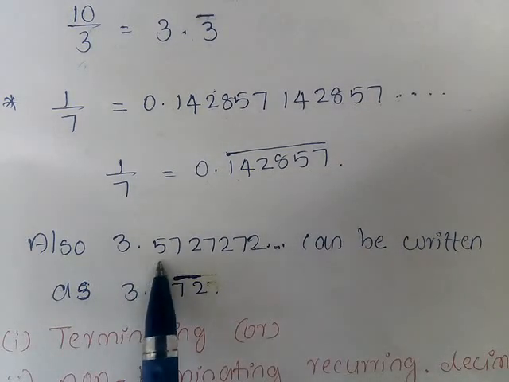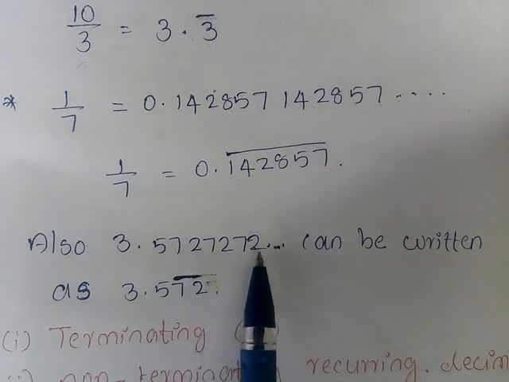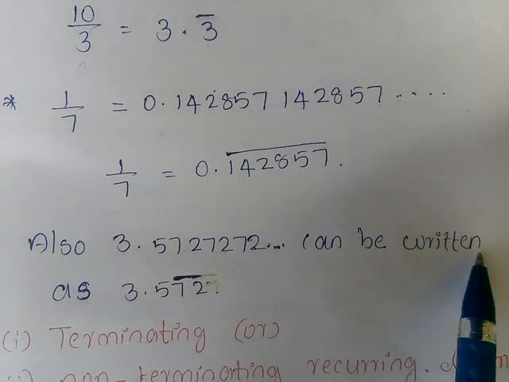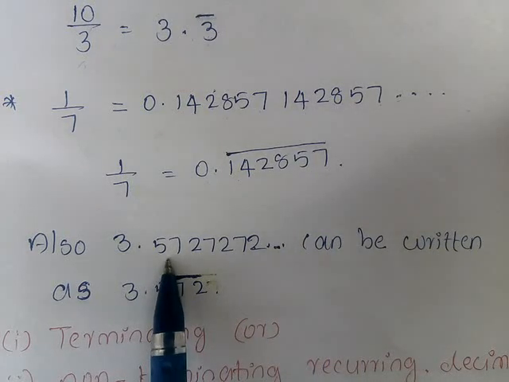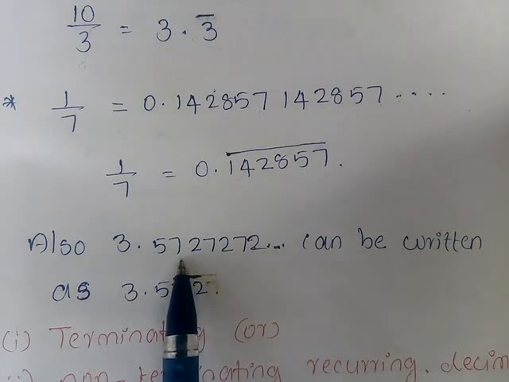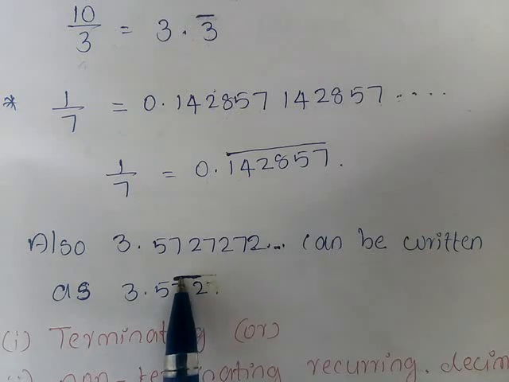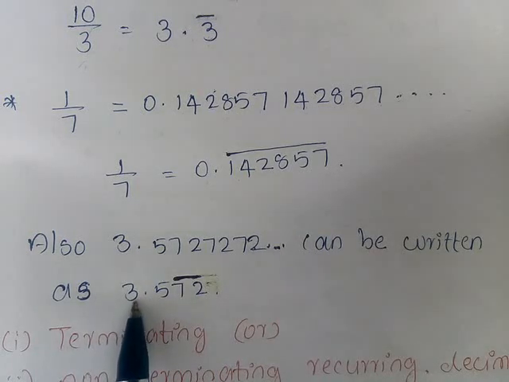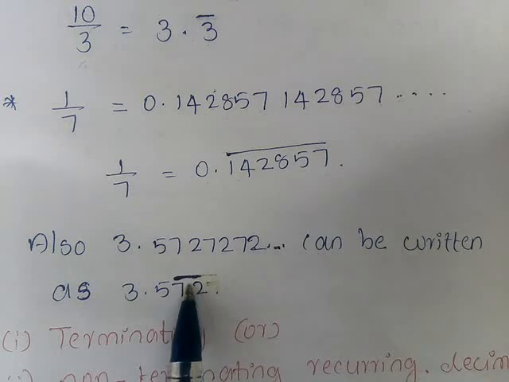Also 3.572727 etc. can be written as, in this sequence 72 is repeating. So instead of writing more 72, we can write above 72 one bar. That is 3.572 bar.